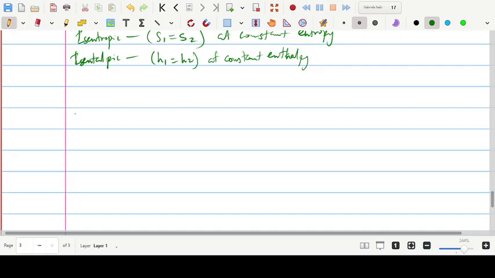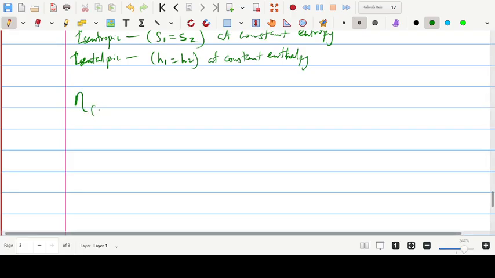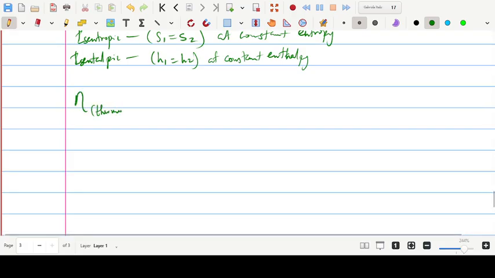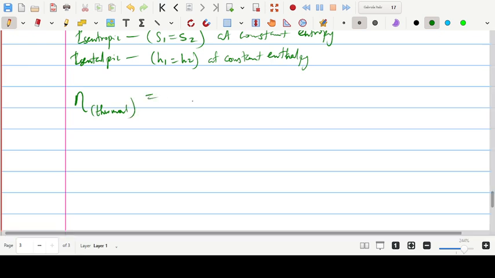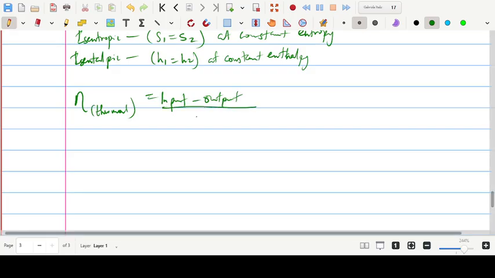So we have what we call thermal efficiency. This is the symbol for thermal efficiency. You know, when you are doing machines, you say that input minus output over input. What's our input?